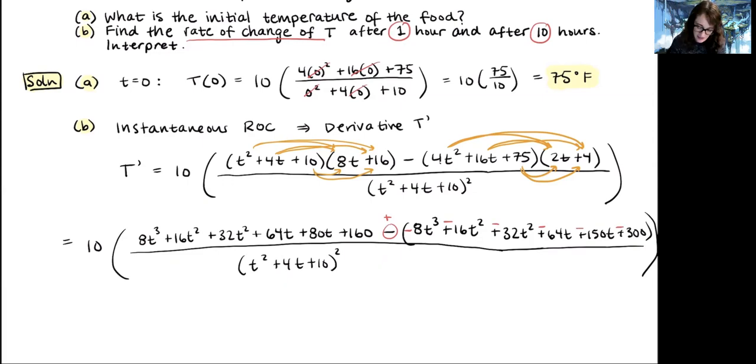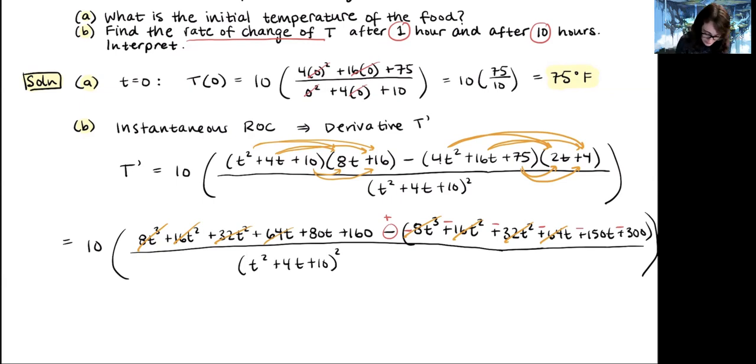And I think a lot of things are going to cancel out. We've got 8t cubed minus 8t cubed. We've got 16t squared minus 16t squared. We've got 32t squared plus minus 32t squared. Oh my gosh, we've got 64t minus 64t. I think that's all it's actually just going to add up to 0.